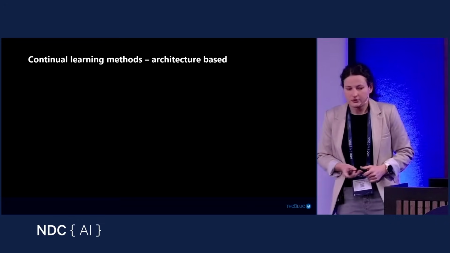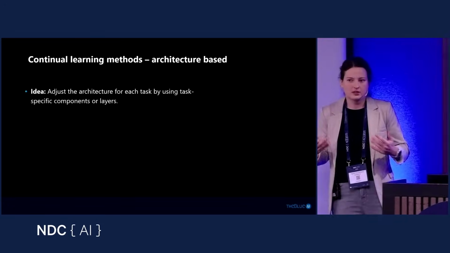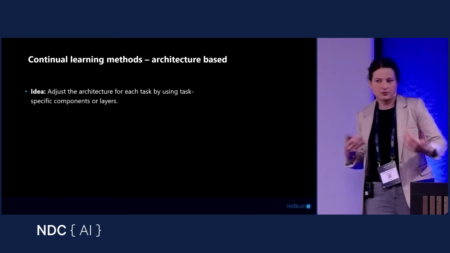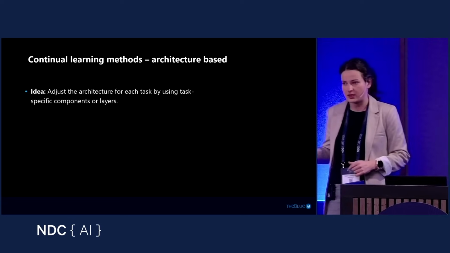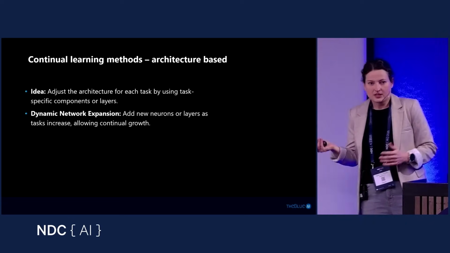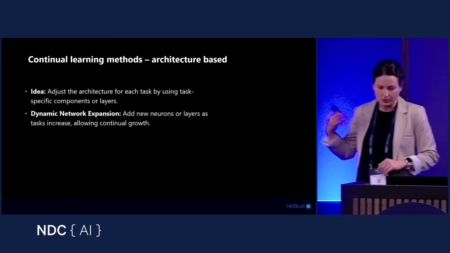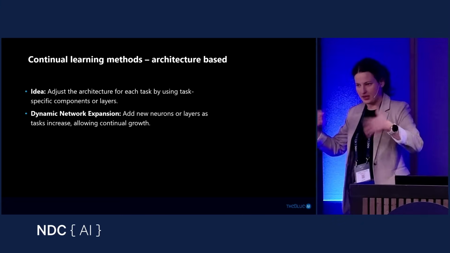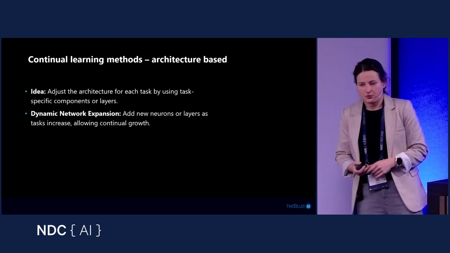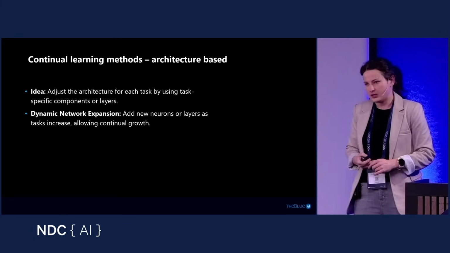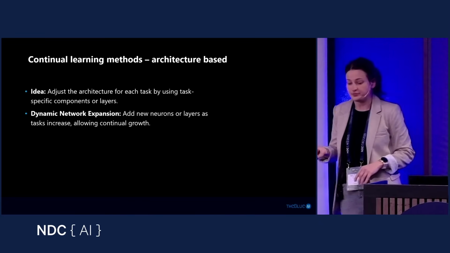The last part of methods are the architecture-based approaches. The idea here is that we adapt the architecture when we're adding new tasks, either by adding new layers or just adding in new neurons. An example of that is the dynamic network expansion. When the task increases, we're just adding it in a specific part of the network. For example, when we are giving a new task, we're giving additional attention heads to that.